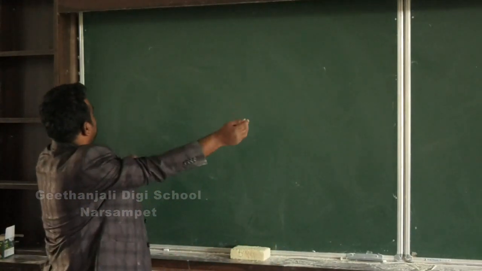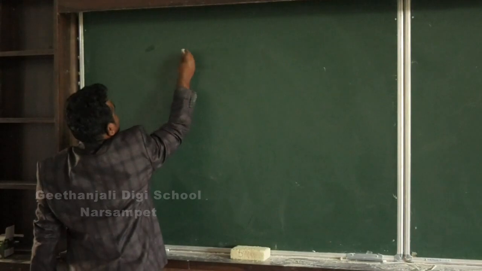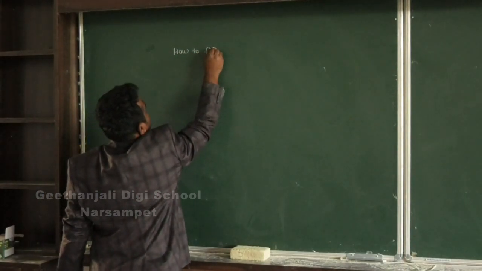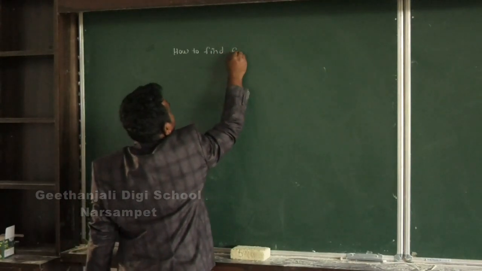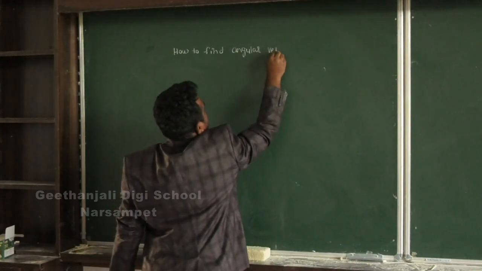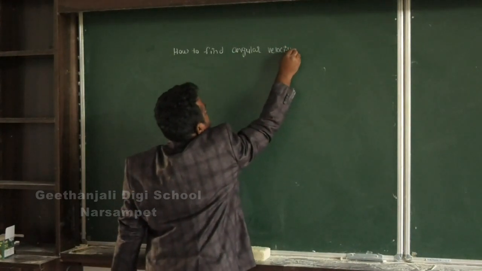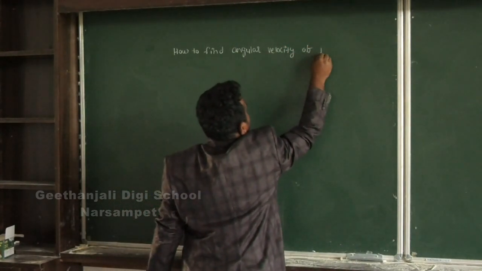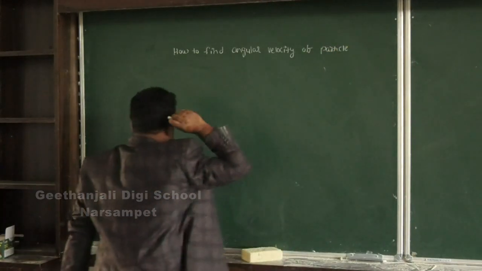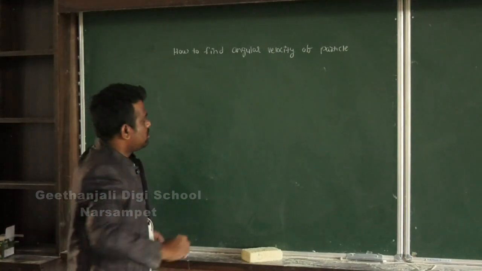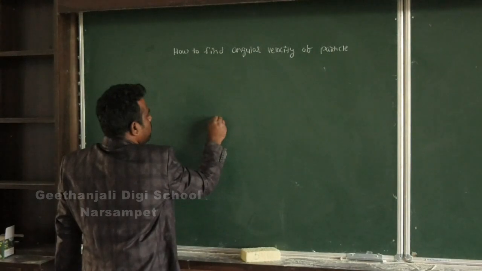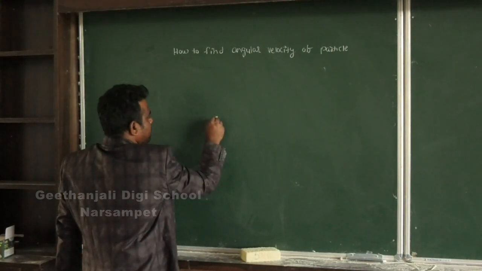Now, how to find the angular velocity of a particle. Suppose O is the point which is at rest, fixed.